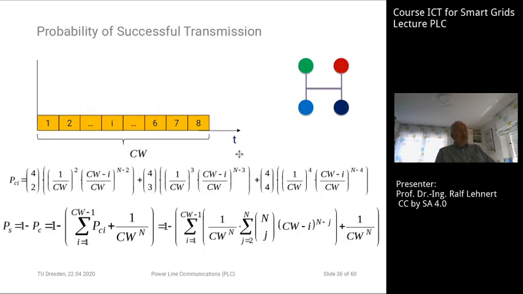It is a bit complicated, but it is possible to calculate the collision probability, and as a complementary result the probability of a successful transmission, by knowing the contention window size and running a Taylor series calculation.